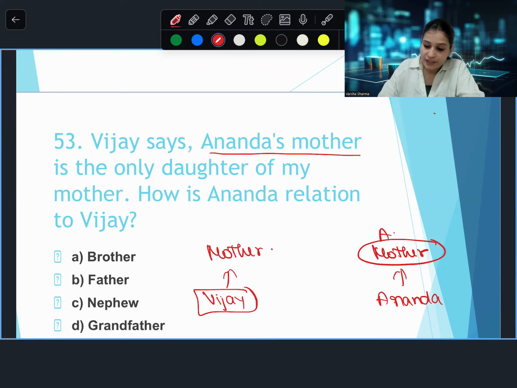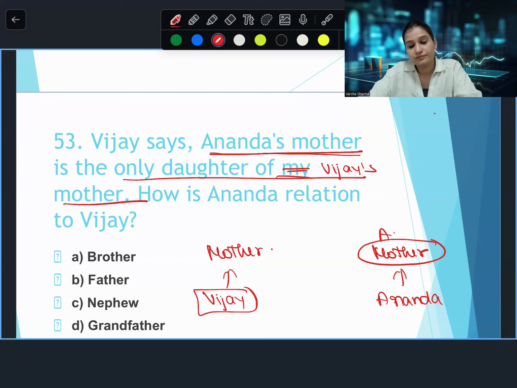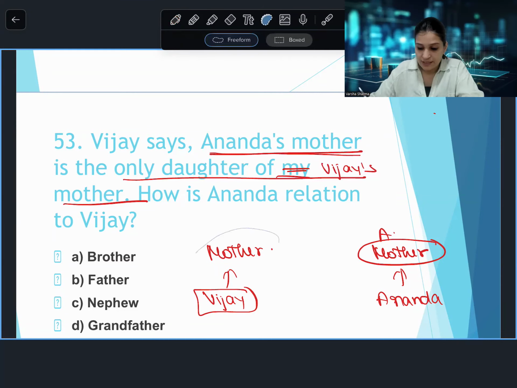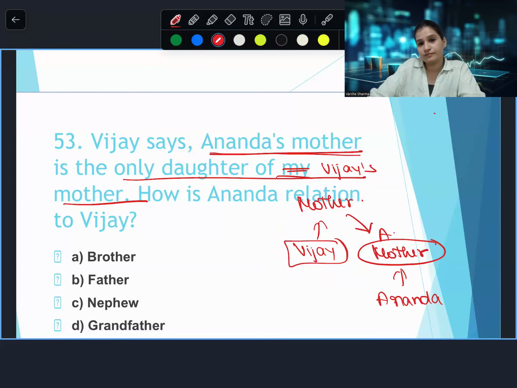Ananda's mother is the daughter of Vijay's mother. See, my mother means Vijay's mother. Ananda's mother is the daughter of Vijay's mother. Is this okay? So they both are brother and sister.